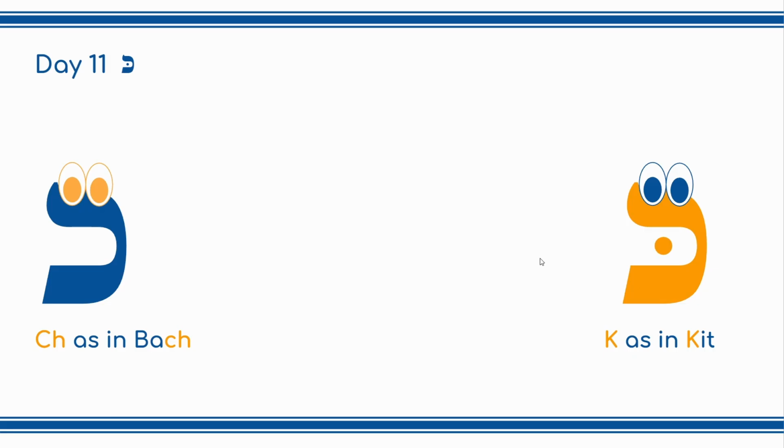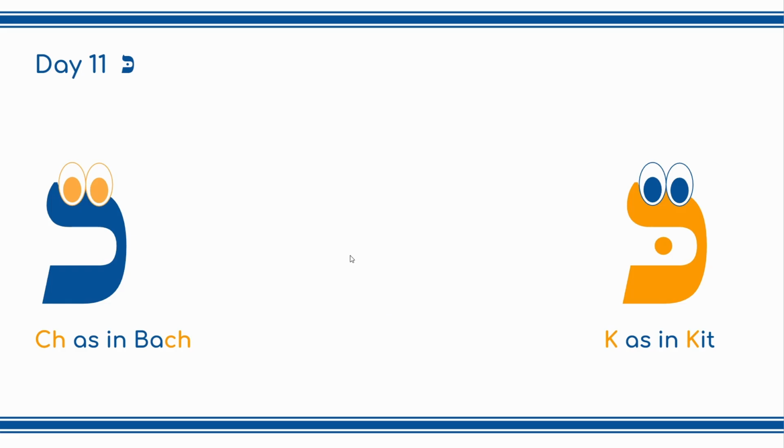So you can use that to help you remember that Kaf has taken his medicine when you see the dot. And when he hasn't taken his medicine, he's going to make the ch sound. Okay? So that's the difference between the two letters.